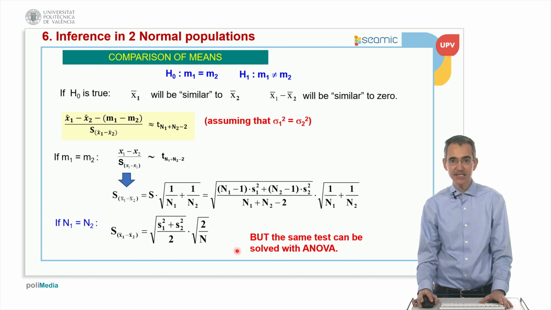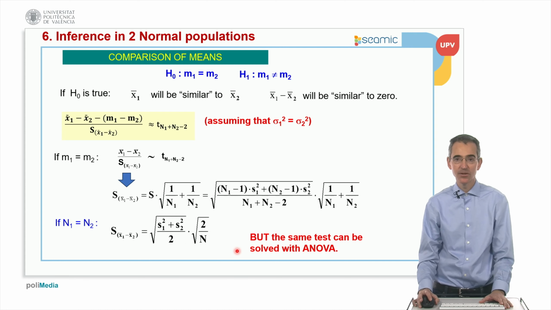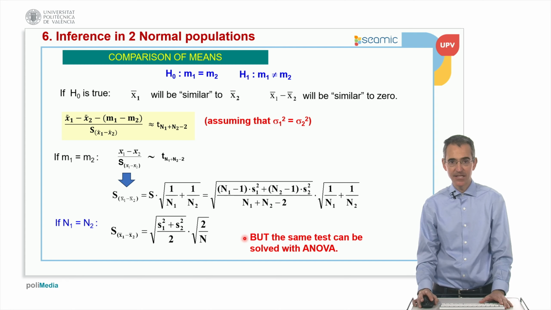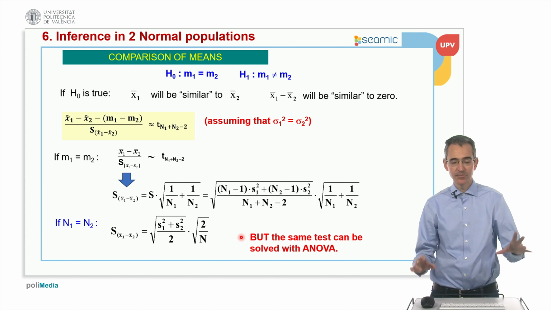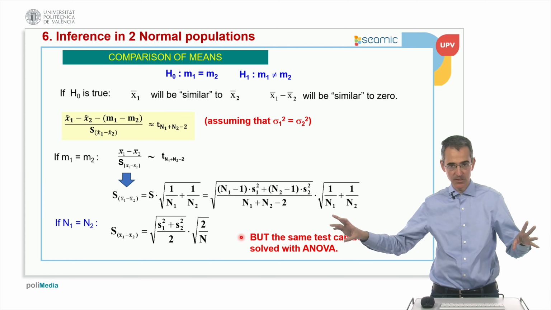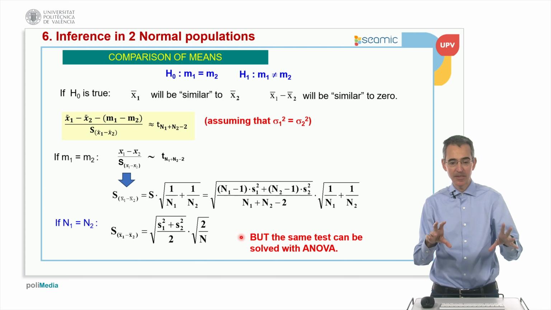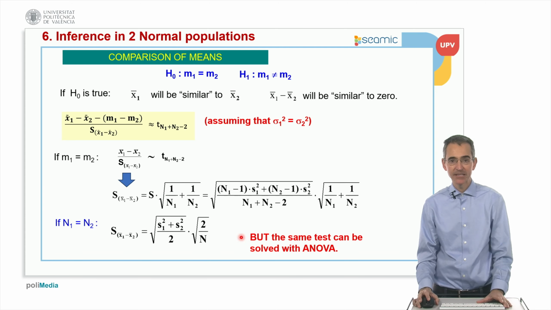This same test can be solved with ANOVA, analysis of variance. ANOVA allows the comparison of means for two populations or more than two populations. But if we have just two populations, we can also carry out the same comparison with ANOVA.